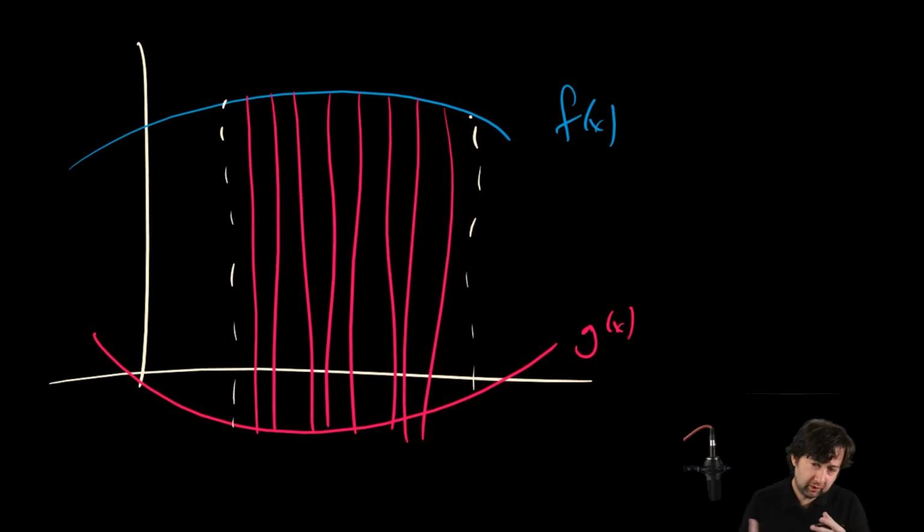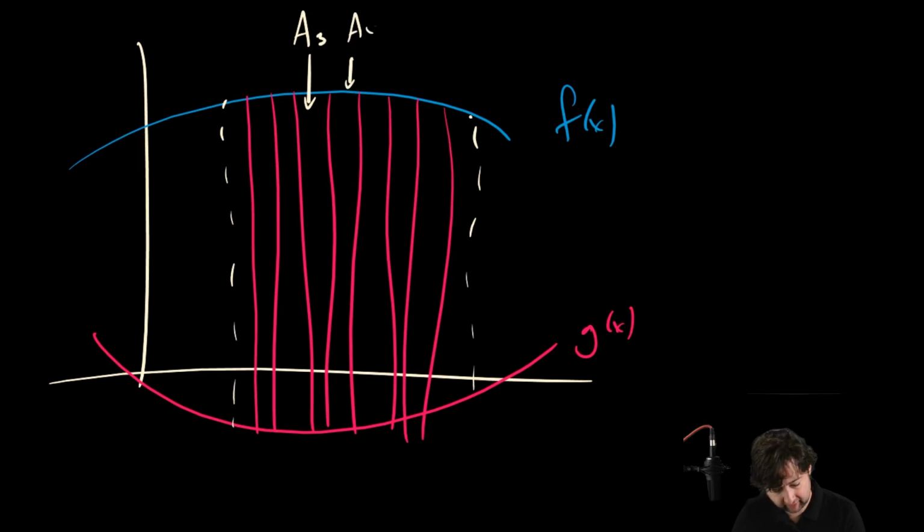Okay, so each one of these rectangles has an area associated with it. So if we called, say, a given rectangle in here, I'm just going to name this rectangle right here A3, and this rectangle here A4.